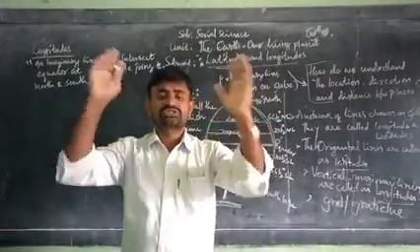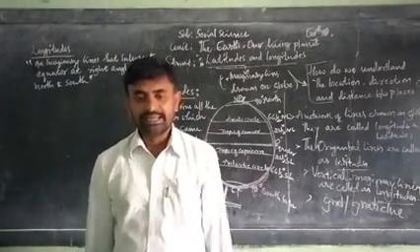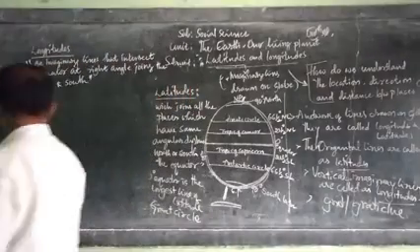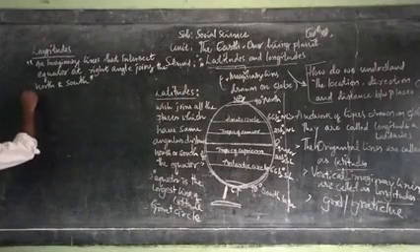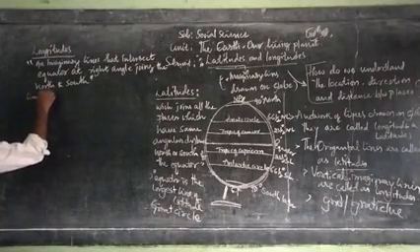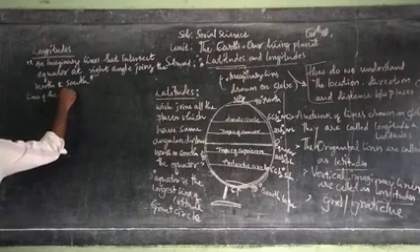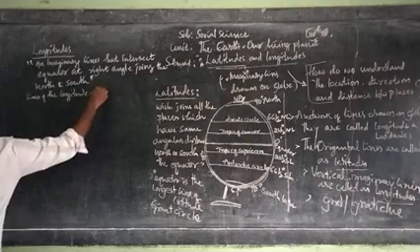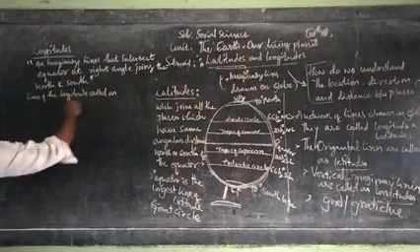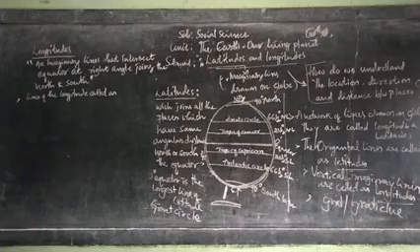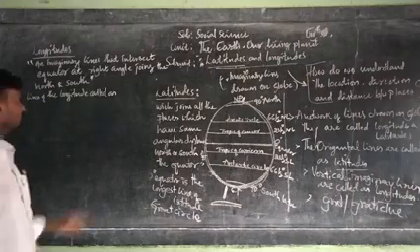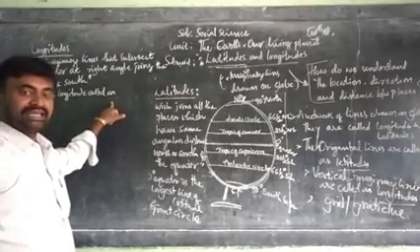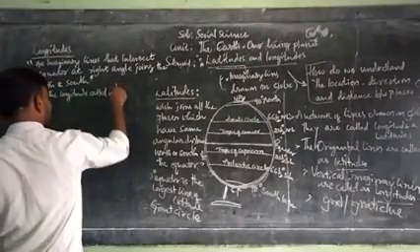Lines of longitude are called meridians.